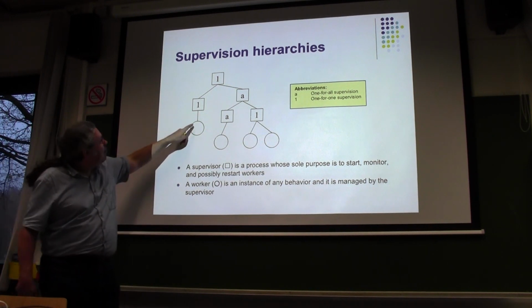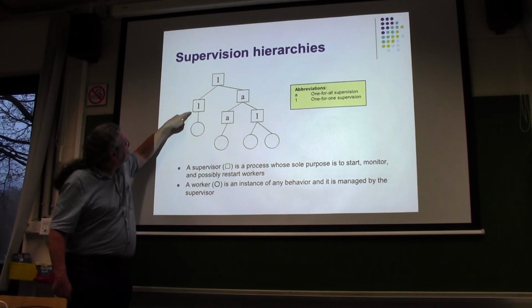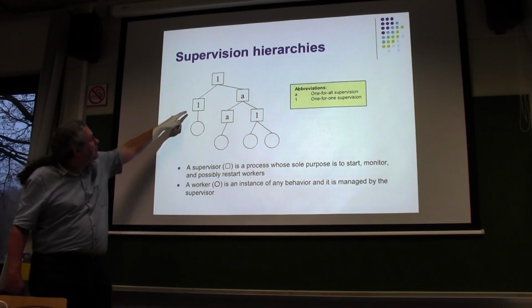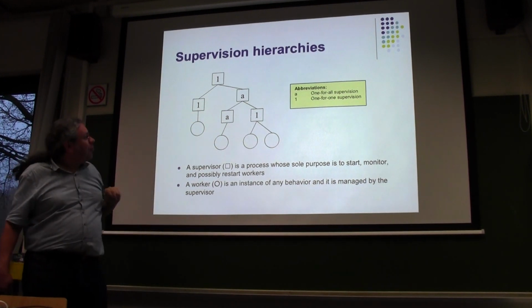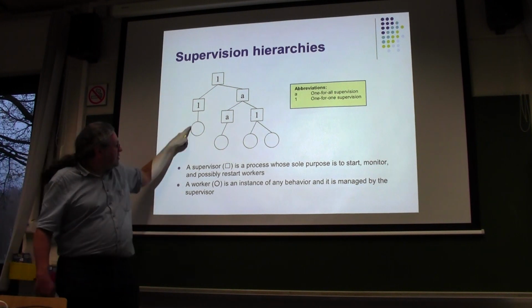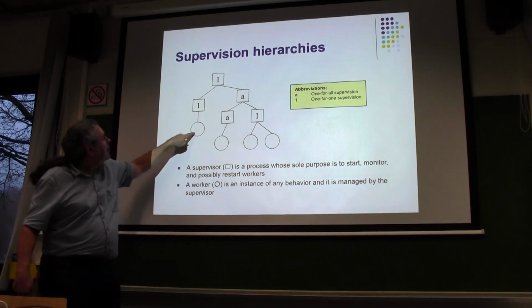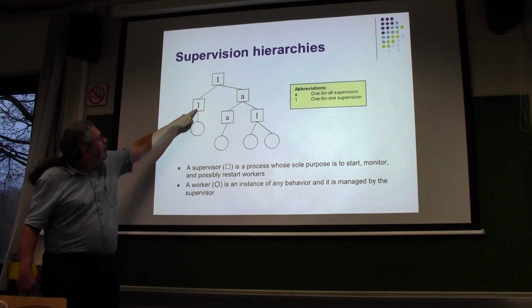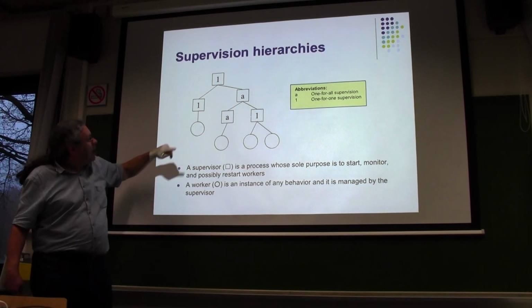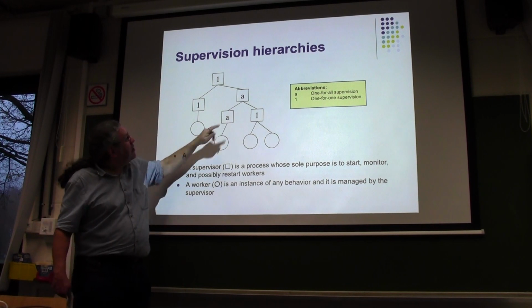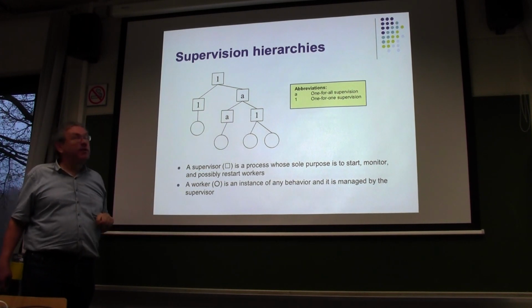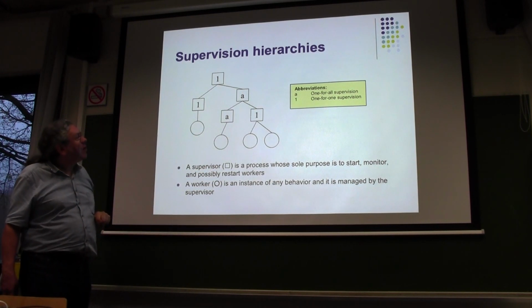So here's an example. The squares are supervisor processes, and the circles are the workers. The workers are standard behaviors. This could be a gen_server. And for the supervisors, 1 means it's a one for one, and A means it's a one for all. I'll explain what it means, okay?